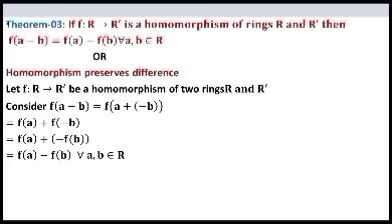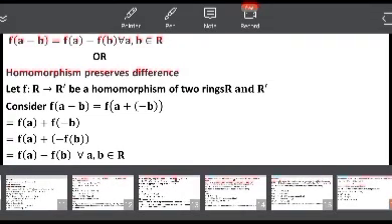Let f be a homomorphism of two rings R and R dash. Consider f of a minus b is equal to f of a plus minus b. That is equal to f of a plus f of minus b, and f of a plus minus of f of b. That is f of a minus f of b for all a, b belongs to R.